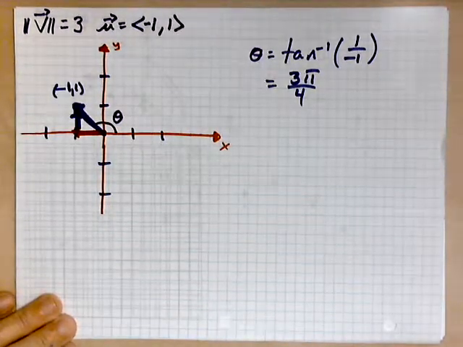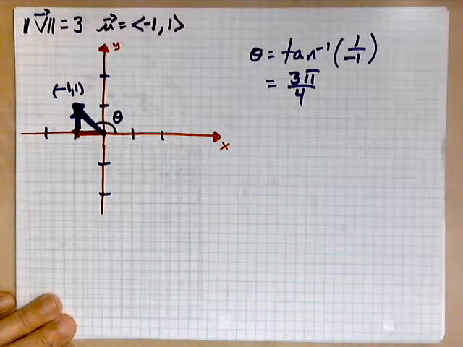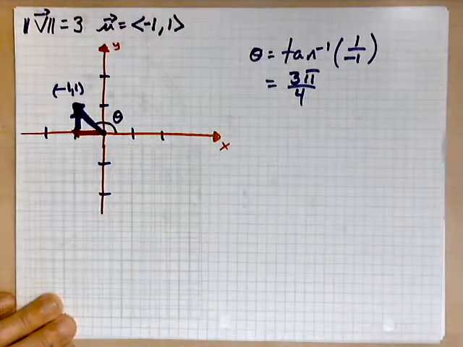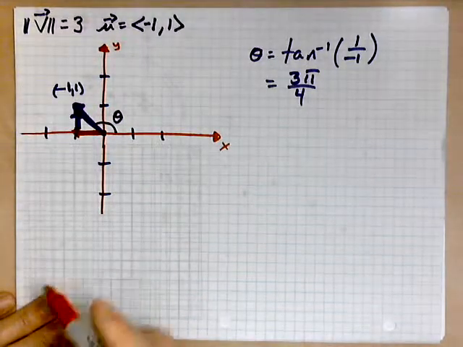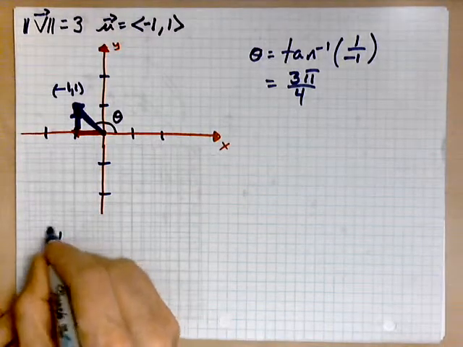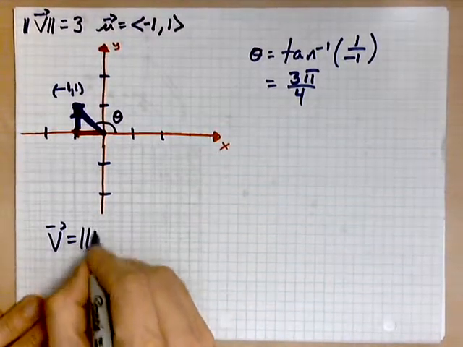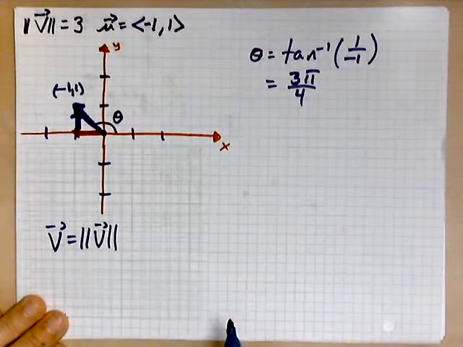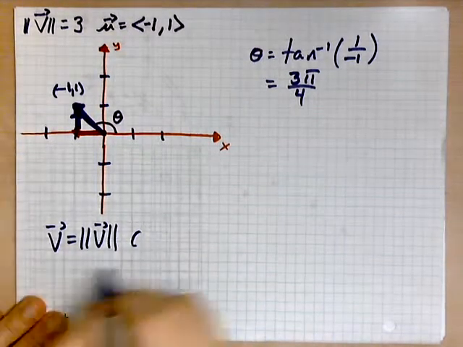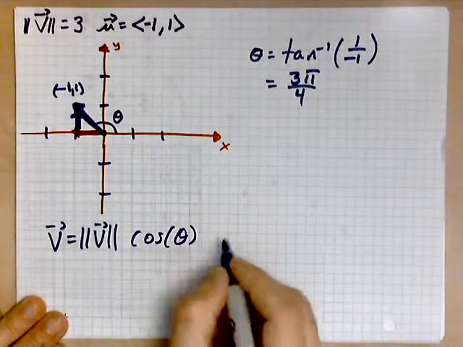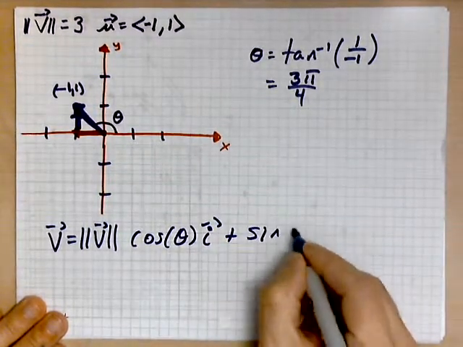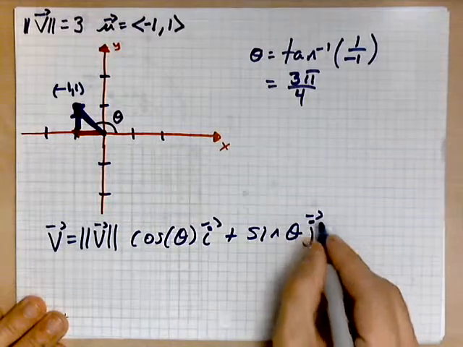we make another observation, which is this one. Any vector can be expressed in the following format. A vector v can be expressed as its magnitude multiplying the cosine of an angle, and that's your i, plus the sine of an angle, and that's your j.